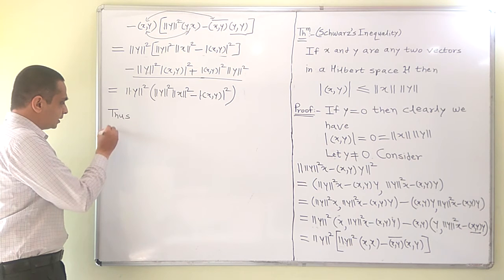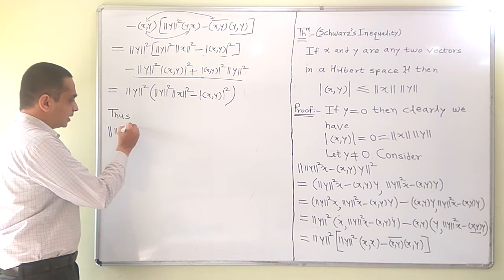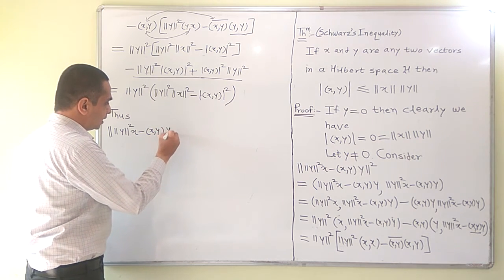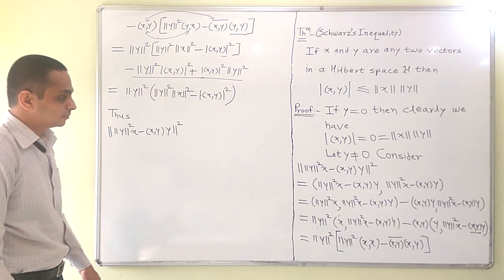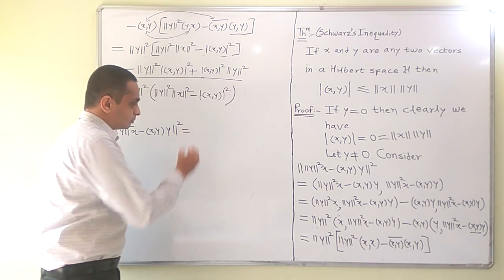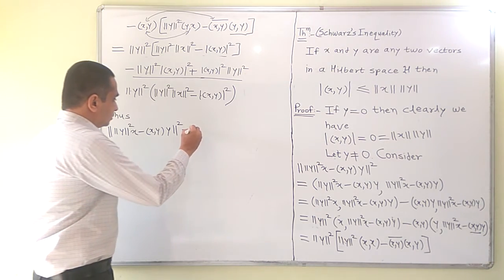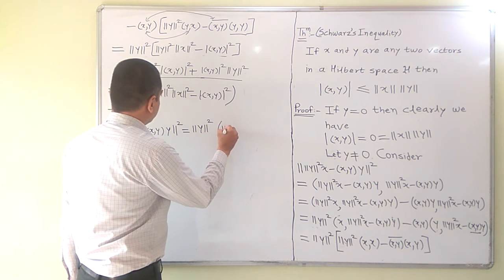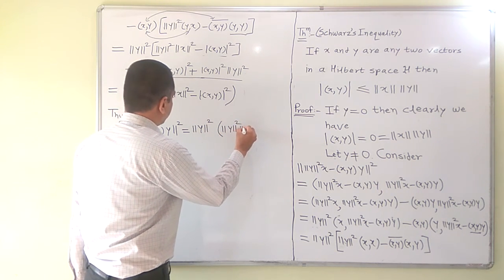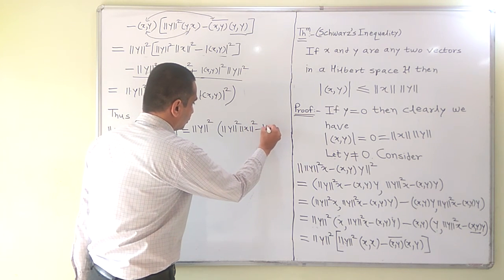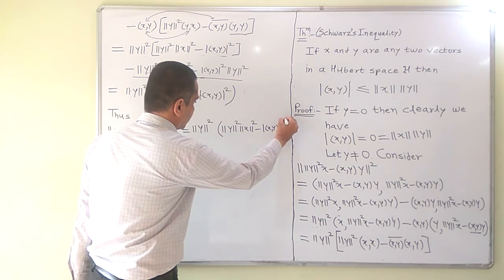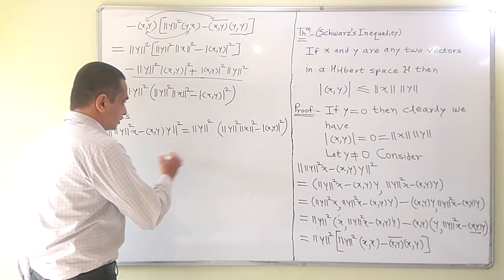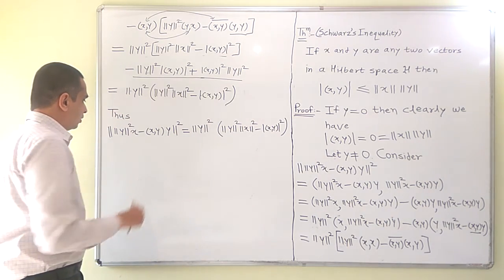Thus, we proved that norm of norm y square x minus xy square is equal to norm of y square, norm of y square, norm of x square minus modulus of inner product of xy square, and this term is now non-negative.